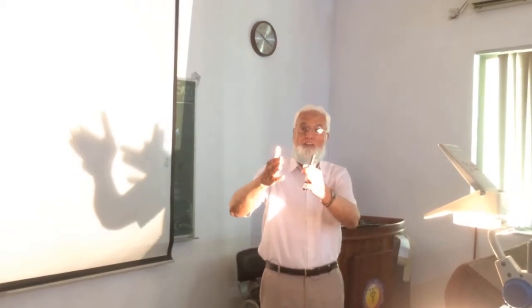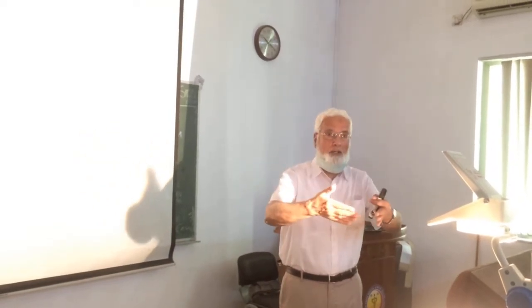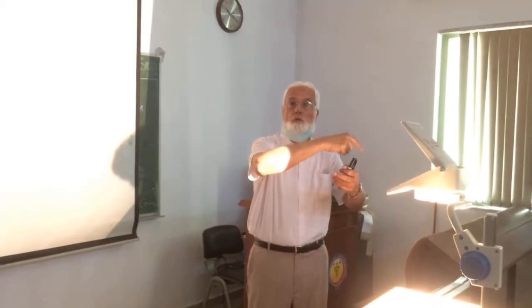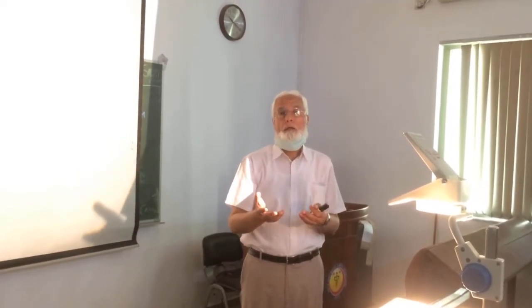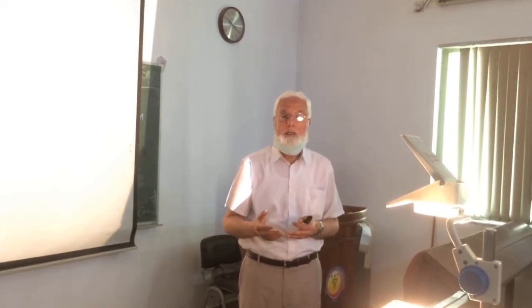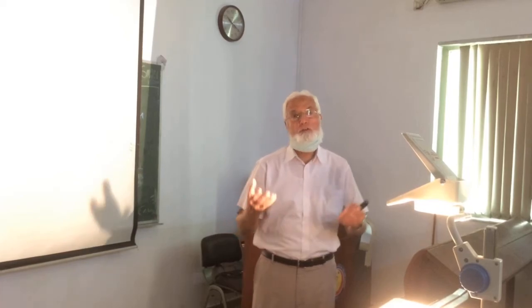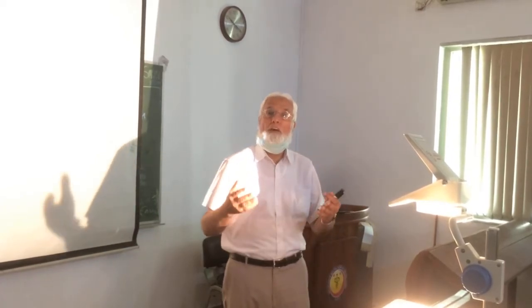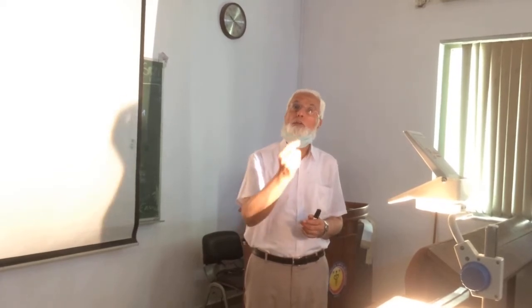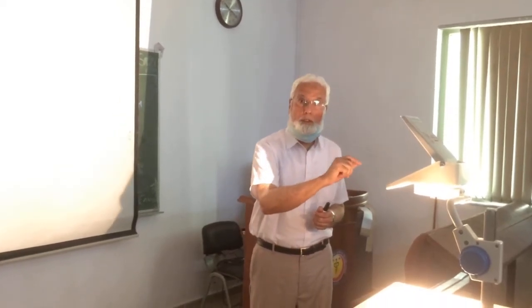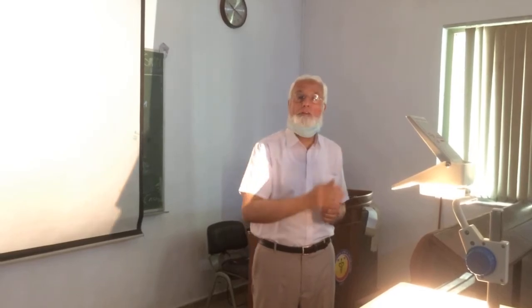So for a specific sensation, there is a specific sensory pathway, and this terminates in a specific part of the brain. Say, for vision, there is the visual pathway. And where does the visual pathway terminate? It terminates in the visual cortex.